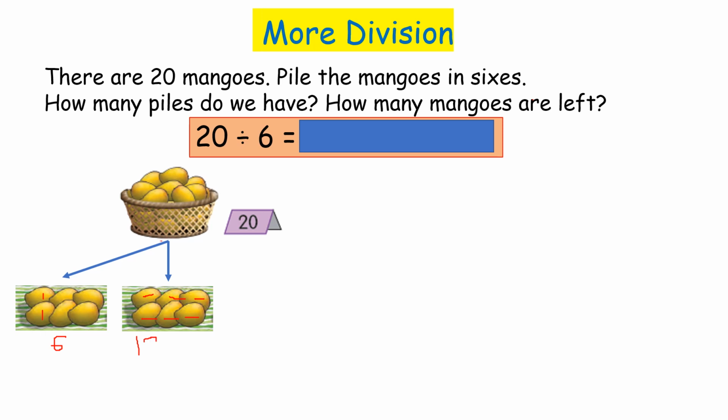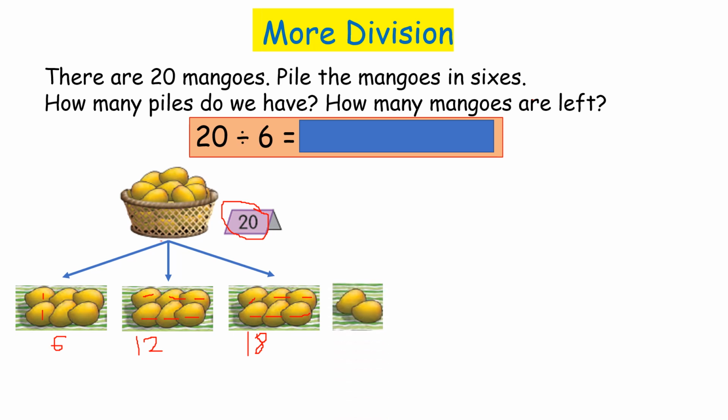So there are already 12 mangoes, and then another 6 mangoes: 12, 13, 14, 15, 16, 17, 18. Now we have already 18 mangoes. The total of mangoes just now before we piled it is 20. So the number of mangoes left is only 2.